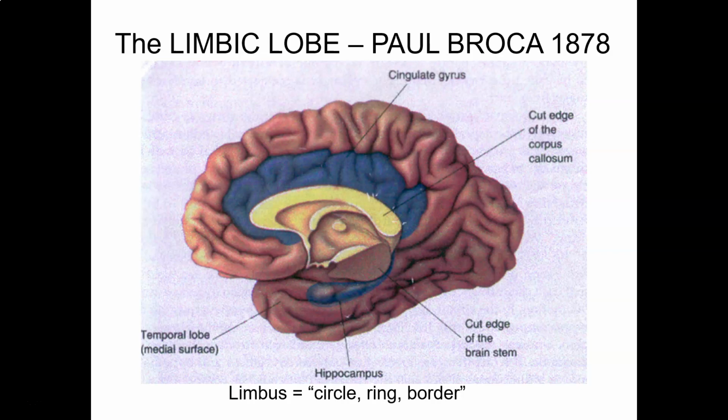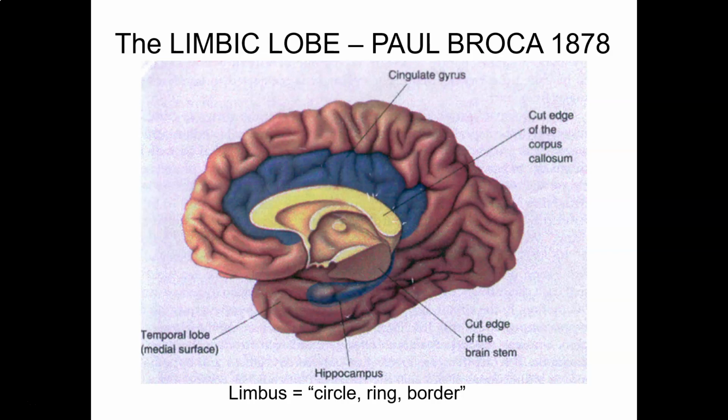His basic limbic lobe was made up of the cingulate cortex, or the cingulate gyrus, and then the hippocampus. These are a part of the limbic system, but these are two of many that are associated with the limbic system as we tend to think of it today.